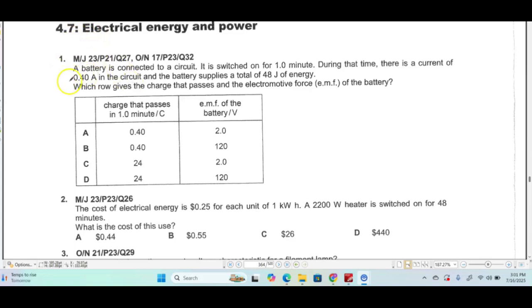Bismillah Rahman Rahim. Question. Before we start, let me give you a brief overview. When we talk about electrical energy and power, what are the formulas that we should keep in mind?